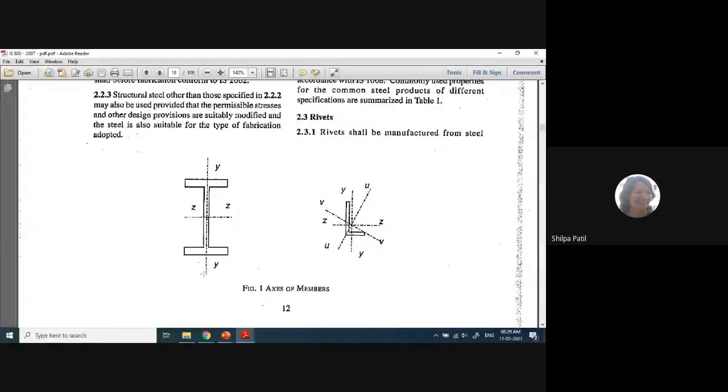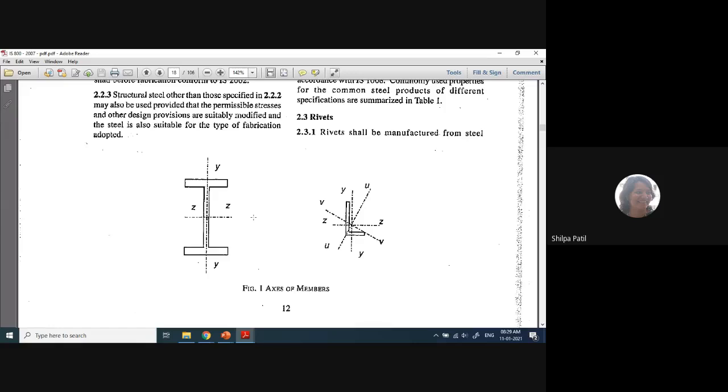See here, this is the YY, whereas horizontal is ZZ. Now, if you open your steel table and look at the diagram given of any cross section, they use the term XX for the horizontal axis. So this difference is also very important to keep in mind.